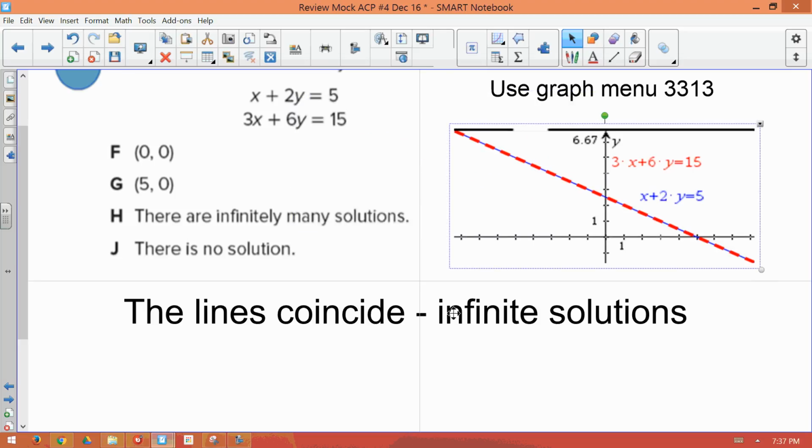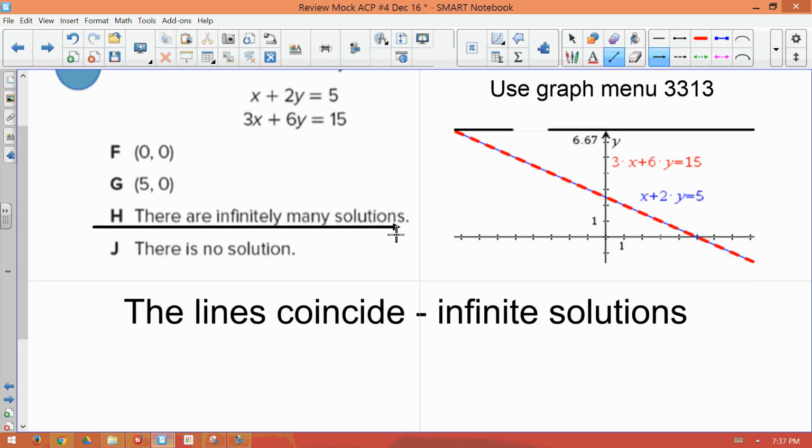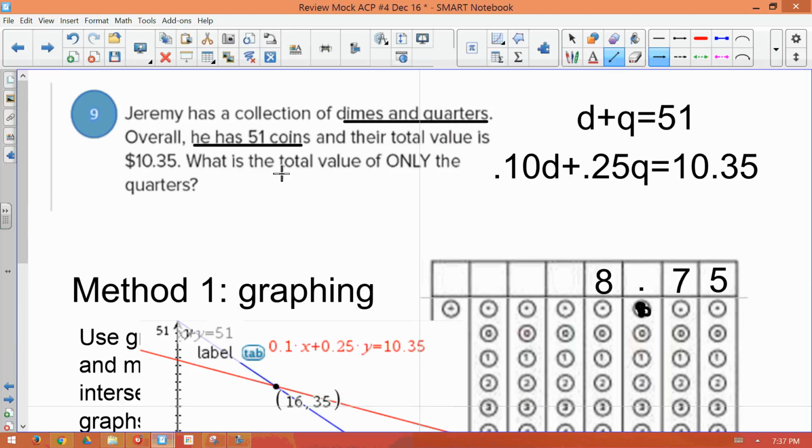So the lines coincide. That means you have infinitely many solutions when that happens. Now, this is the one that people had the most trouble with, and I have a whole separate video on just this problem, but this is the short version.